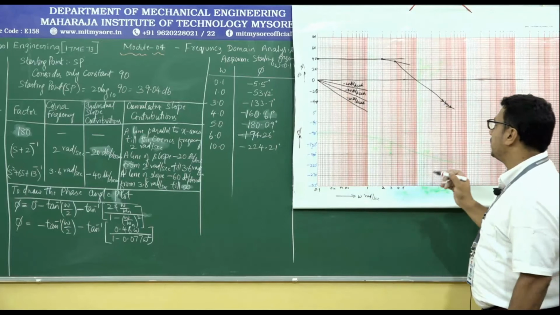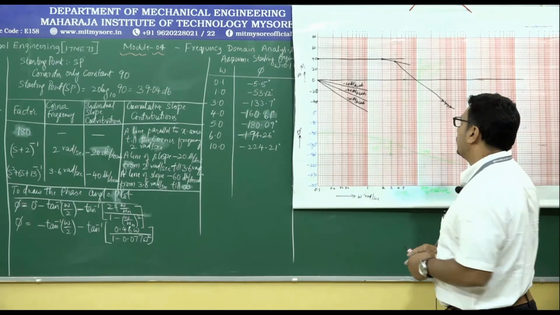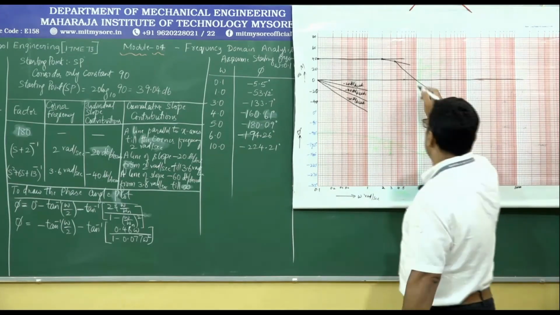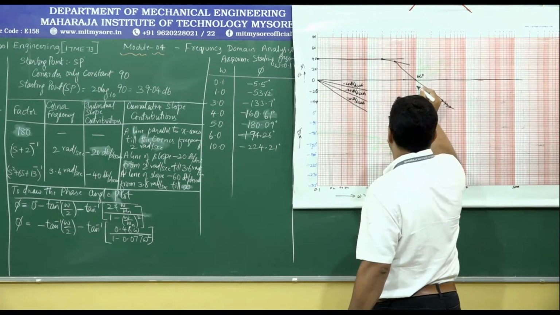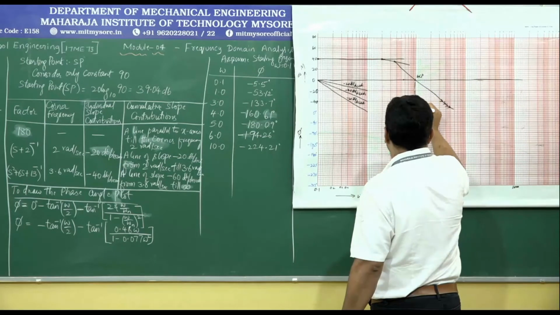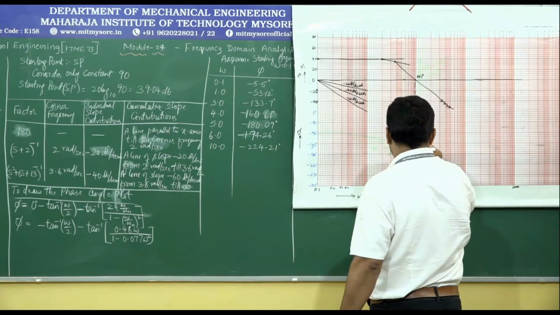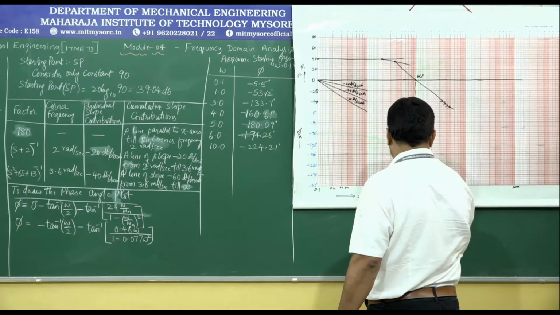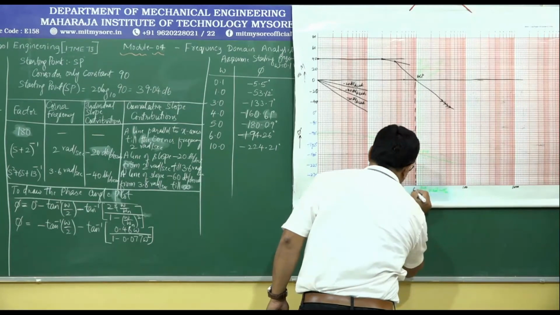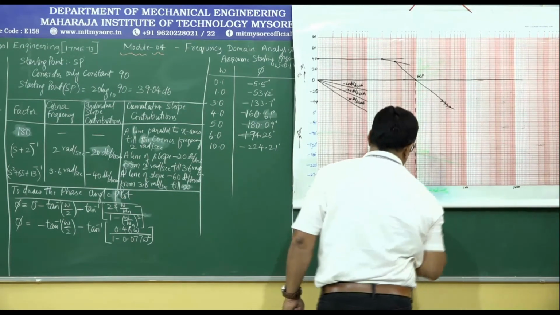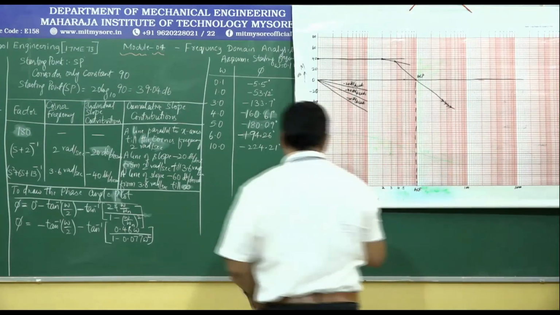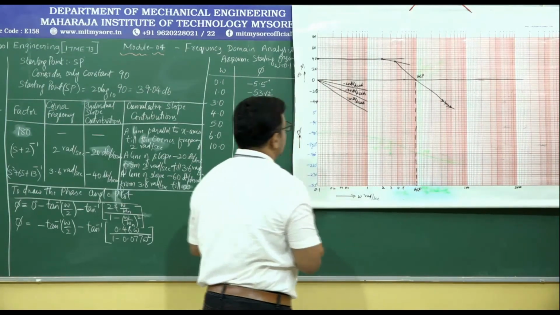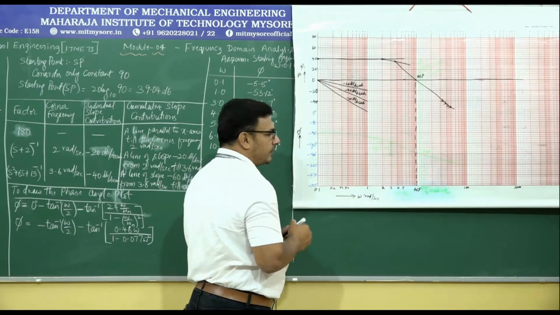So, this is nothing but the magnitude versus frequency plot, and the point over here is called gain crossover point, and if you drop it down onto the x-axis, the frequency that you get over here is called gain crossover frequency. Then let us try to draw the phase angle versus frequency plot.